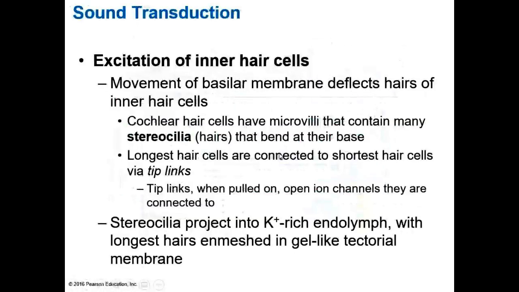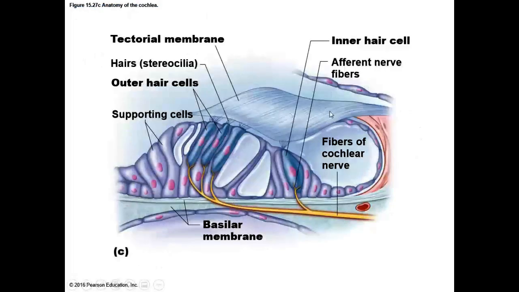Basically, when those create an action potential, we send that to the brain. What we see about these cells is that because they have the tectorial membrane on top of them, they're picking up any kind of movement of the tectorial membrane.